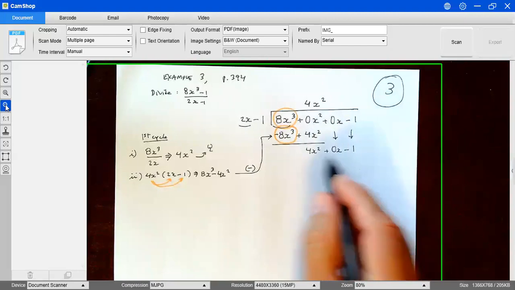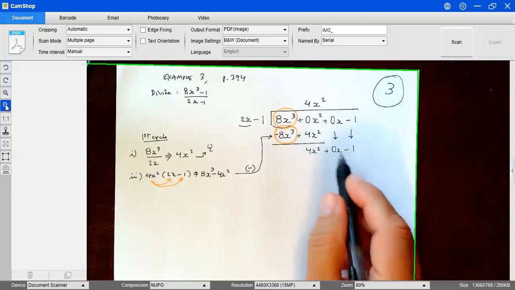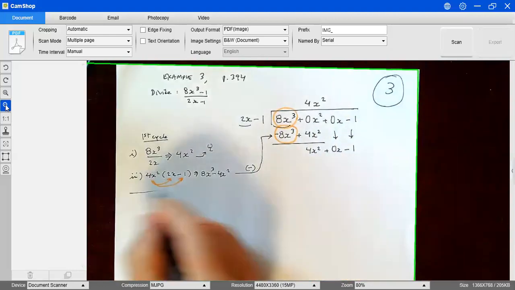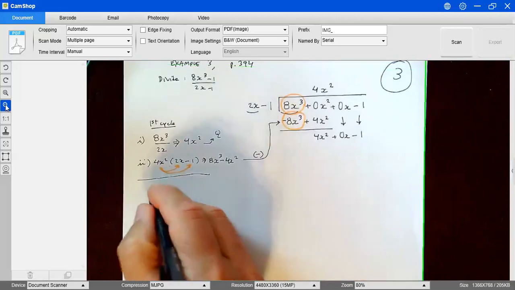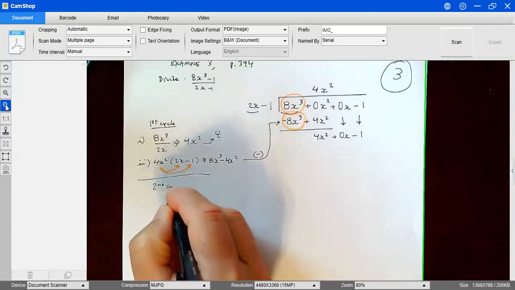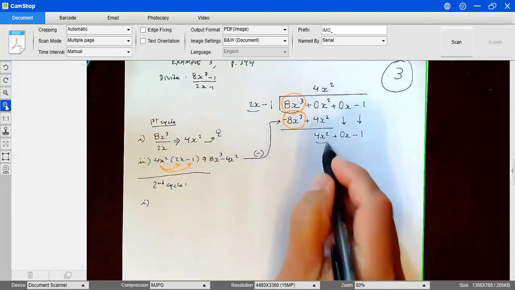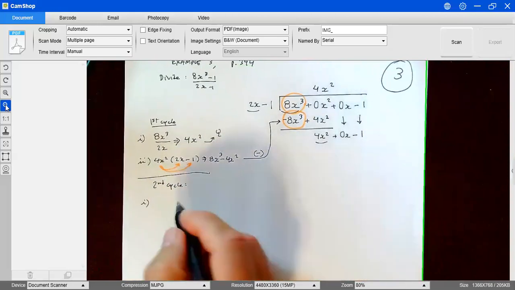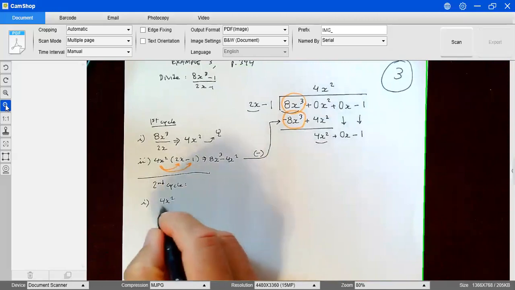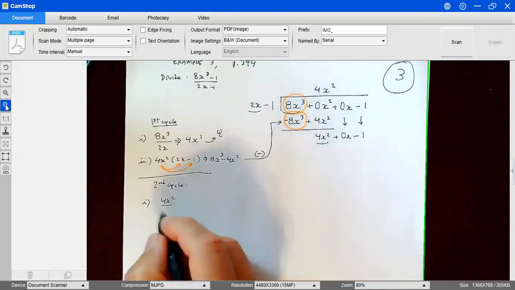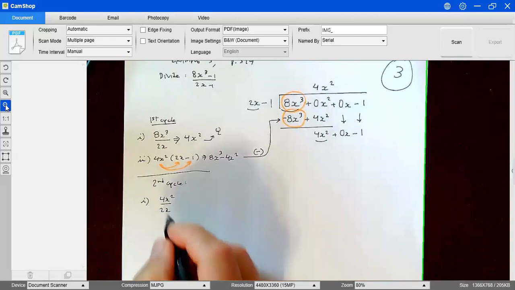So I have a new dividend now. So I'm going to start the second cycle. The second cycle is, again, we're going to divide the leading term of the new dividend, 4x squared, by the leading term of the divisor.